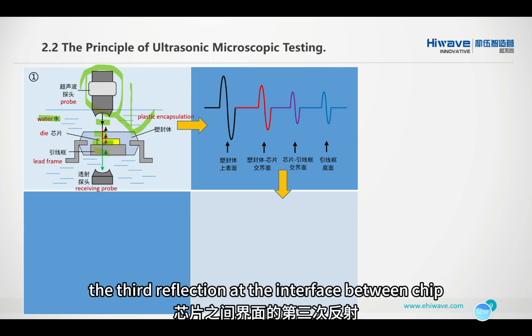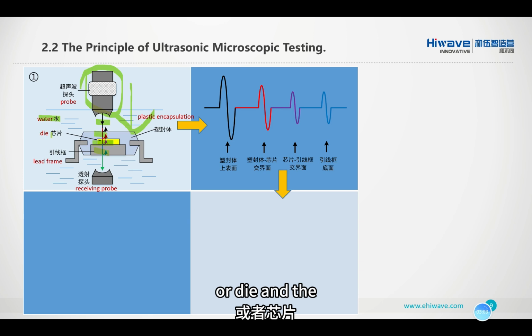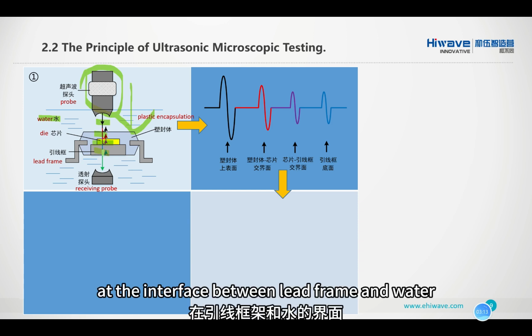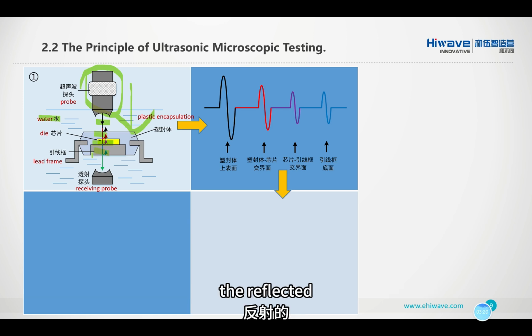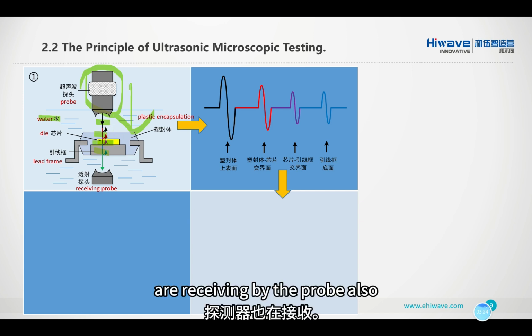The third reflection is at the interface between the chip or die and the lead frame. And the last reflection is at the interface between the lead frame and the water. The reflected waves are received by the probe also.